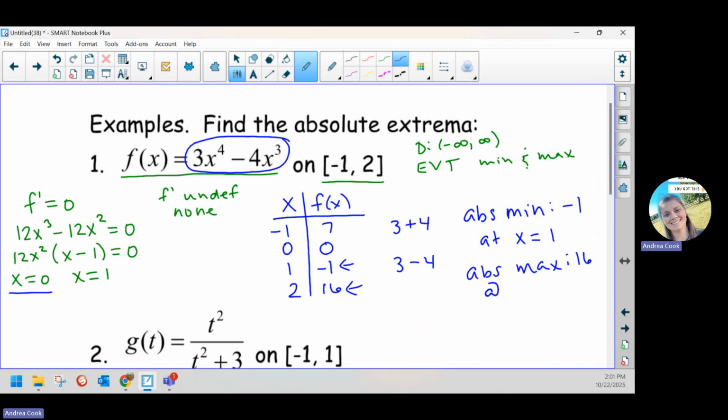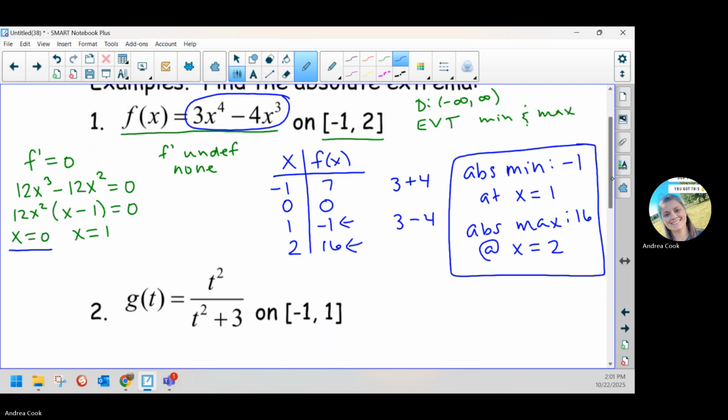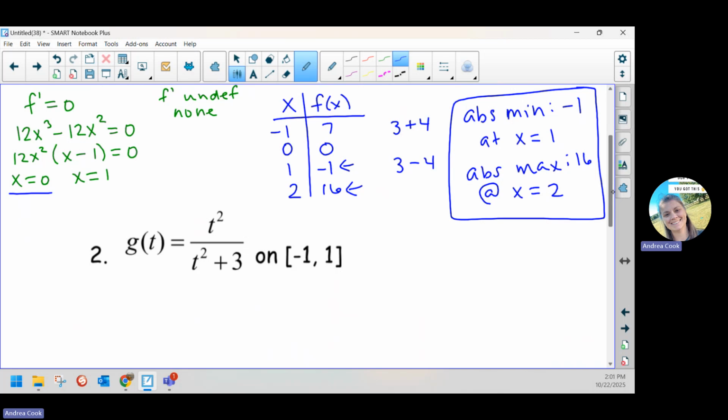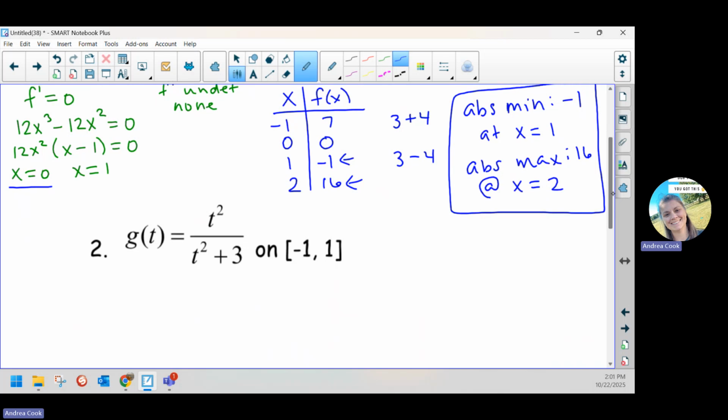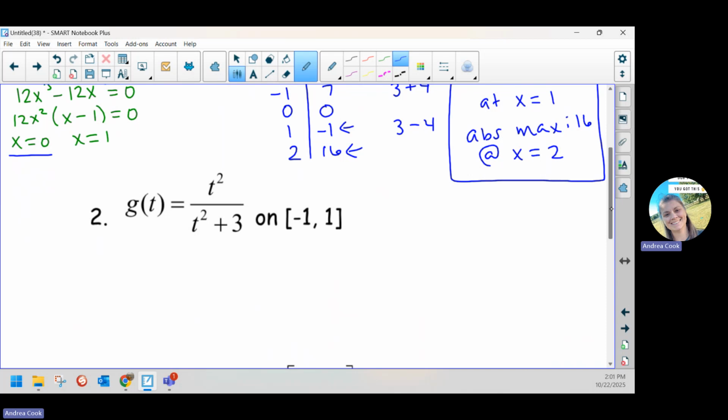And that happens at x equals 2. All right. If you want to pause and try the next examples on your own, you can, and then come back and check your answers.